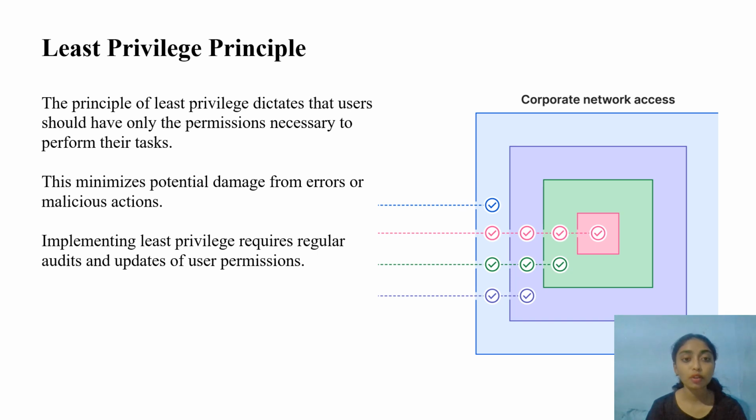The principle of least privilege dictates that users should have only the permissions necessary to perform their tasks. This minimizes potential damage from errors or malicious actions. Implementing least privilege requires regular audits and updates of the user permissions.